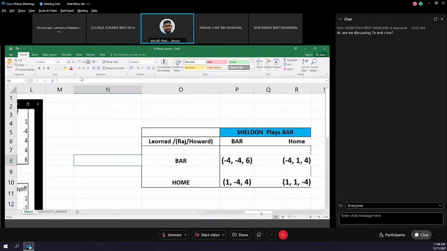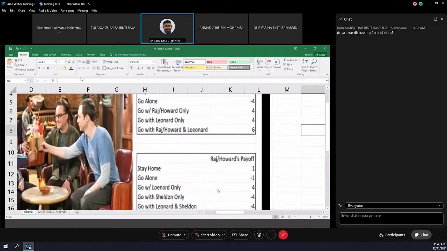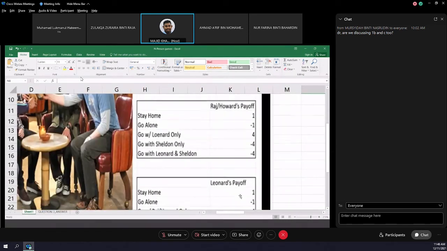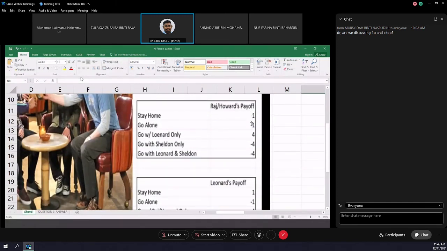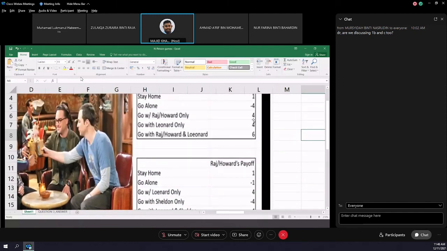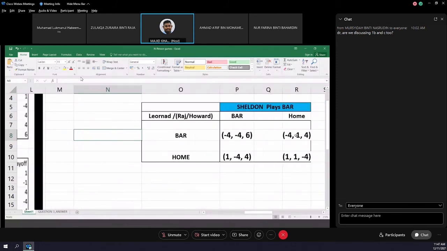Since Leonard needs to go with Sheldon, he already has -4, while Raj and Howard get 1 because they will stay at the house, while Sheldon is still happy because he can go with Leonard. That's why what you get is -4, 1, and 4. Can all of you understand or not?